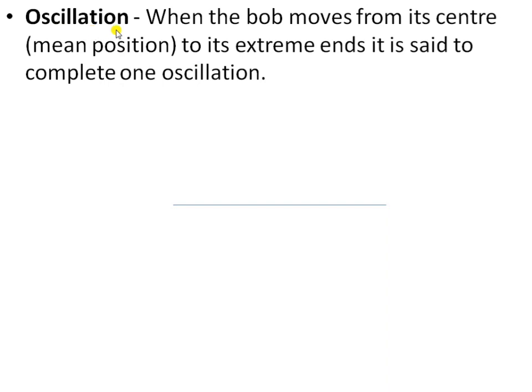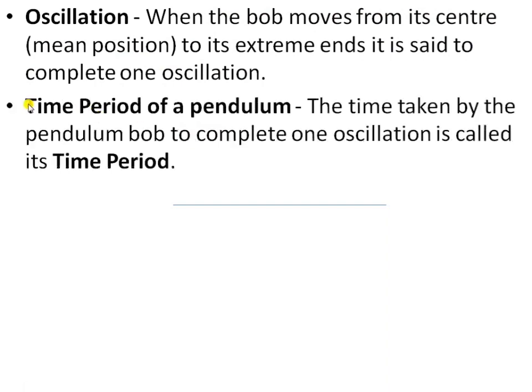Next is about the oscillation: when the bob moves from its mean position to its extreme end and back, it is said to be one complete oscillation. Then, how to find the time period of a pendulum.